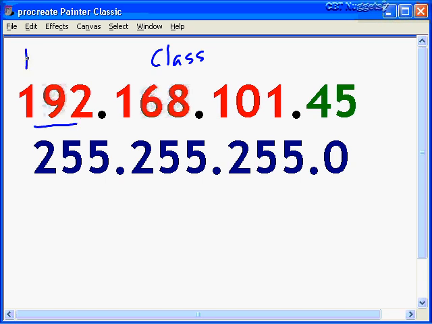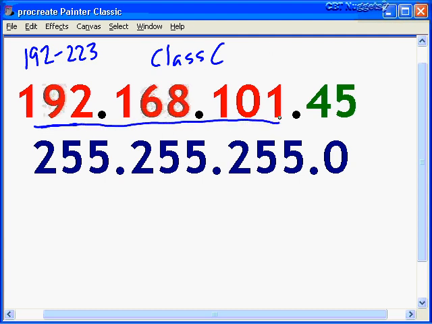It's between 192 and 223. We also know from the table that for a Class C address, the first 3 octets represent the network, which gives us over 2 million possible networks, but then the last octet is used for the host. And you can see here in our subnet mask that it represents that exactly.